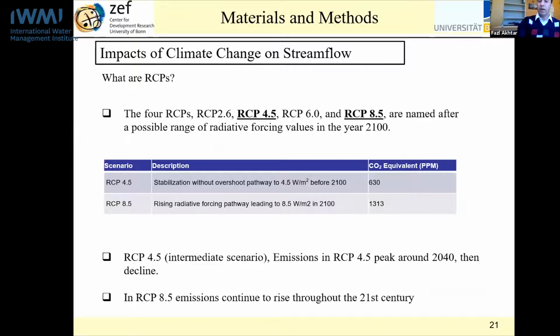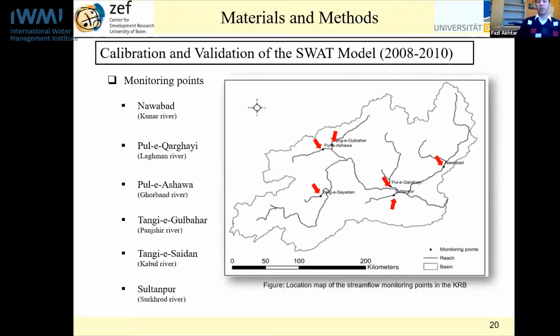Okay, sorry, one point here: why we choose these points only, and not maybe a bit up or more down, where there are storages or dams, for example. As I said, there was a data scarcity, hardly any operational data was available.